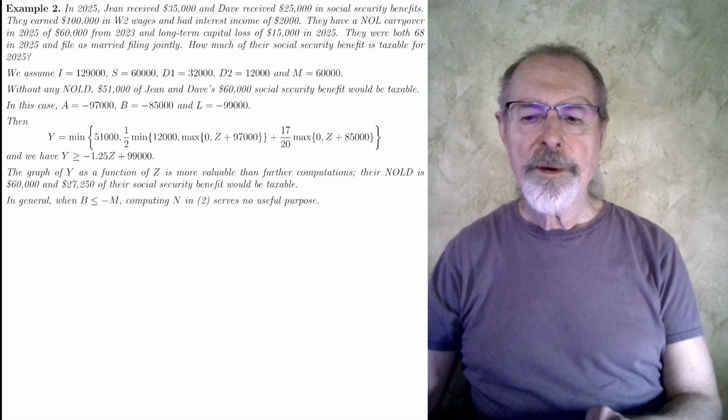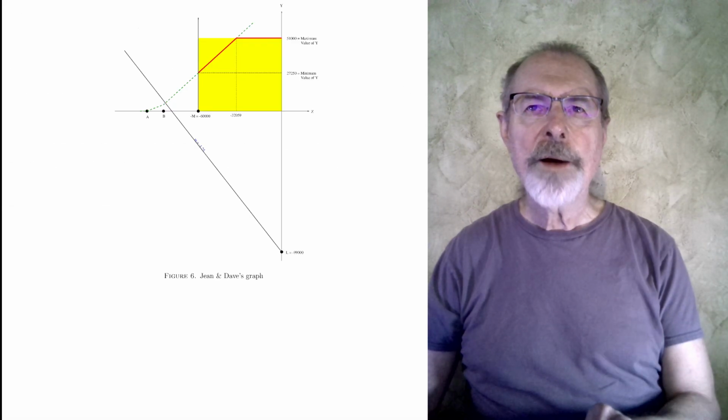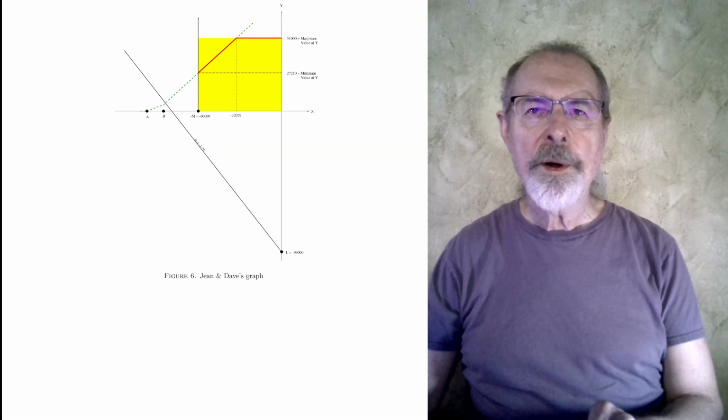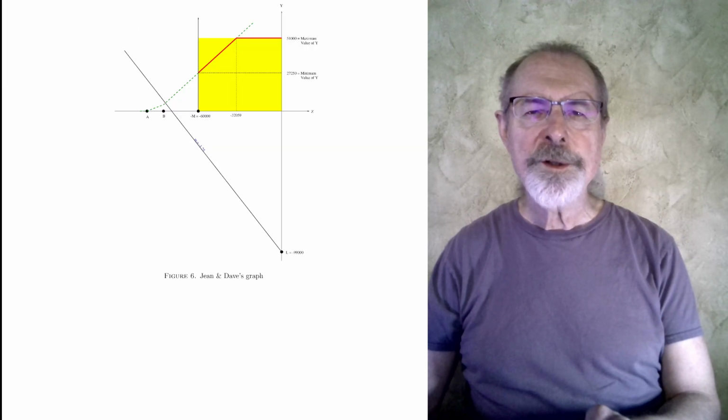However, if I look at a graph of their situation, you can see that by having an NOL deduction, they can reduce the portion of their Social Security benefit which is taxable. In this case, they don't have a large enough NOL carryover to get to the slanted line representing the 85% limitation.